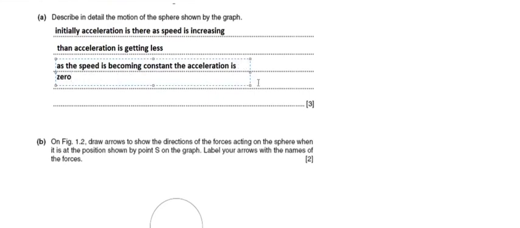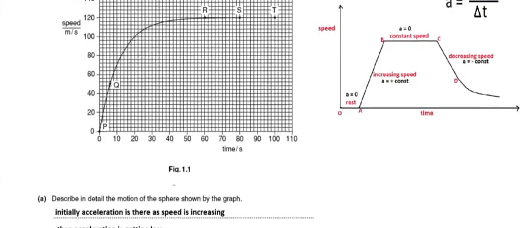For the horizontal line, the acceleration is nothing but 0 because slope is nothing but 0. So at least 3 points you should write for a 3-mark question. I hope you have got this question.